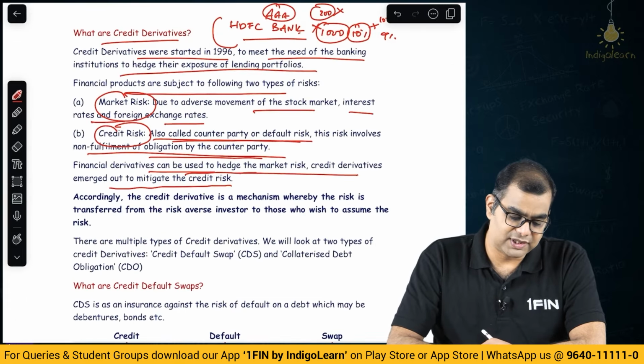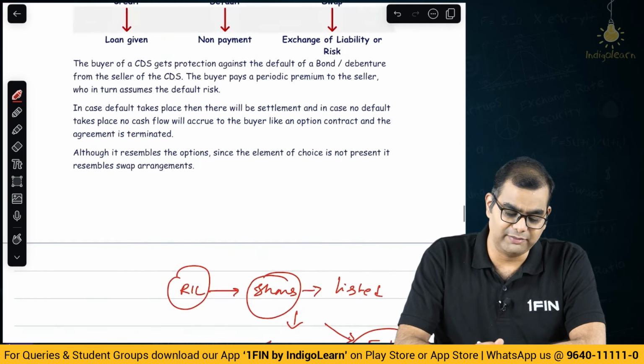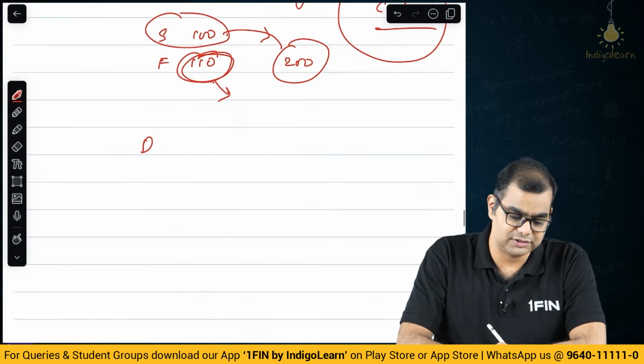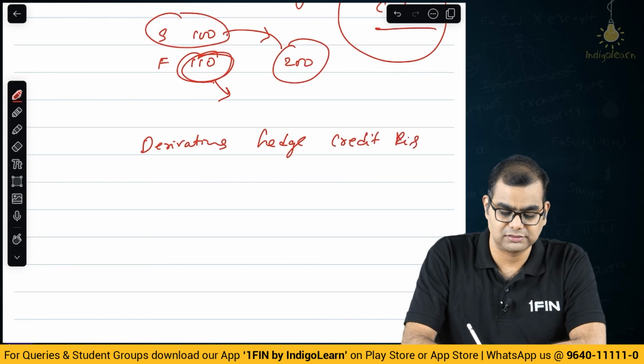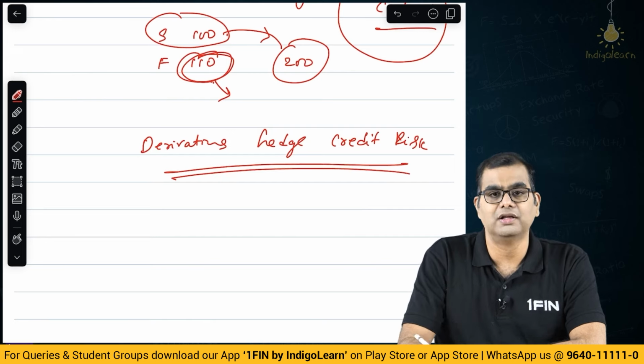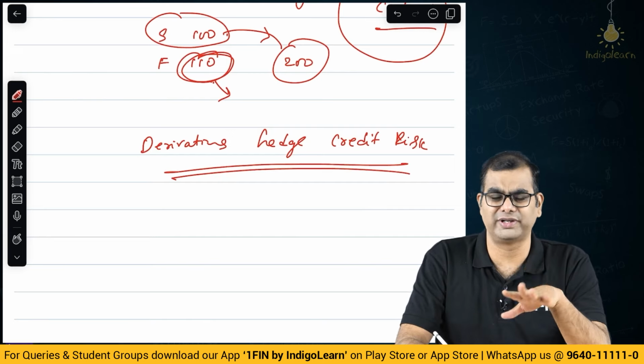Now, credit derivatives emerged in order to mitigate the credit risk. So, credit derivatives are fundamentally derivative products that hedge credit risk. So, I will give you a simple example. I will not explain what kind of an instrument it is and all of that.